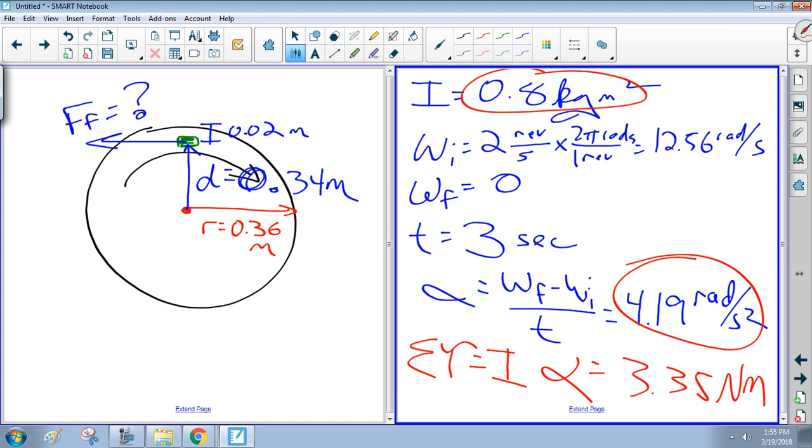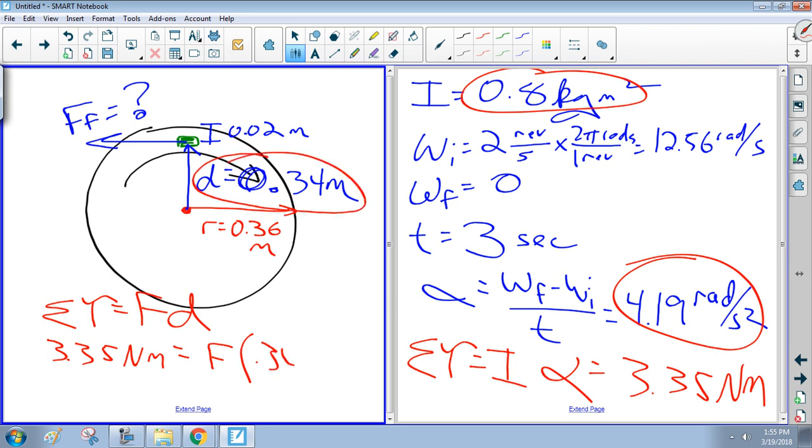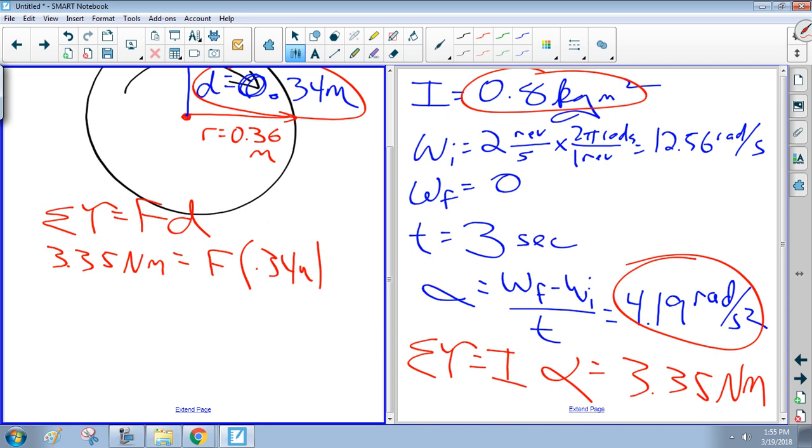And so now I can find my force, because I know that net torque is FD. I just found my torque, 3.35 newton meters. I do not know the force, but I do know the distance is 0.34 meters. So divide it, and you get pretty close to 10 newtons. We're going to call it 9.86 newtons. Cool?